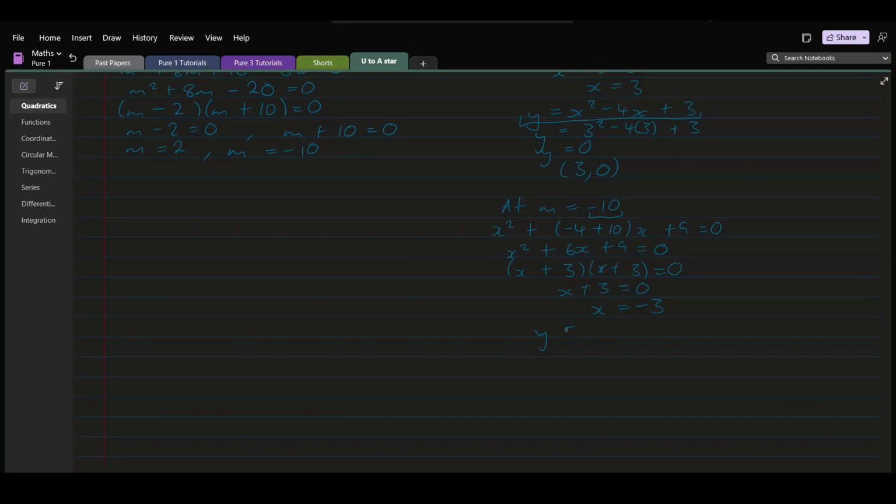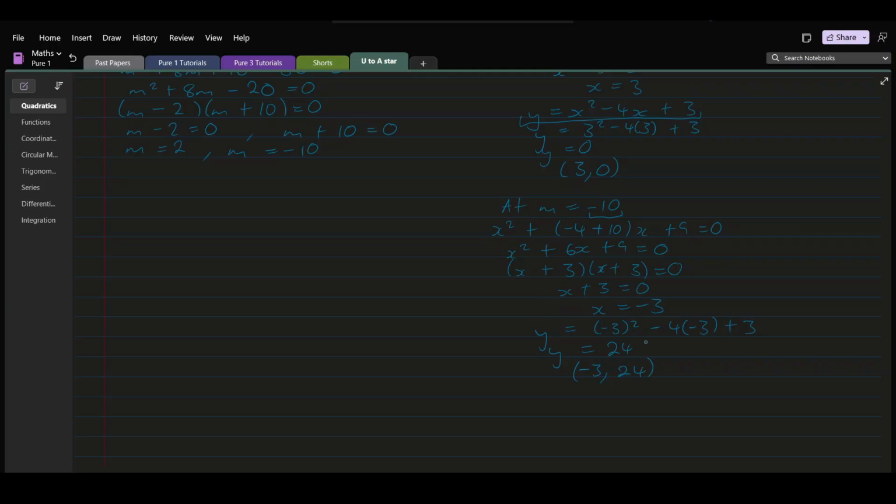So y is equal to x squared, so that's negative 3 squared, minus 4 times negative 3 plus 3. Negative 3 squared is 9 plus 4 times 3, which is 12. So that gives us 21 plus 3, which is 24. So y is equal to 24, and therefore the coordinates when x is negative 3 are negative 3, 24.